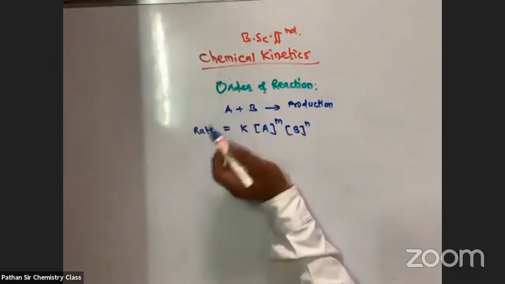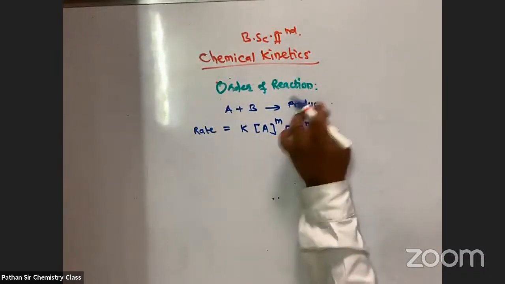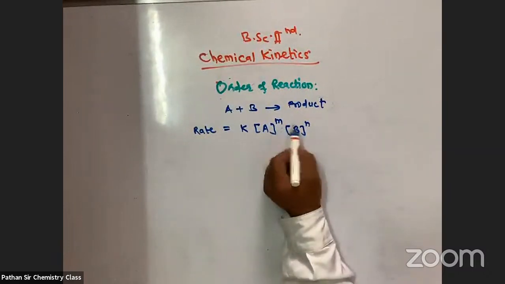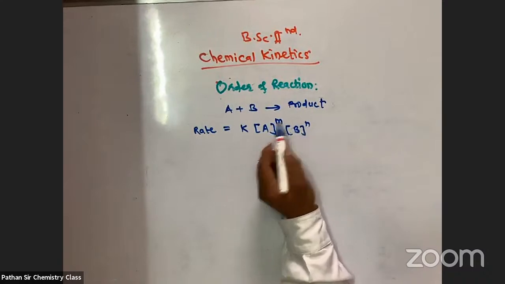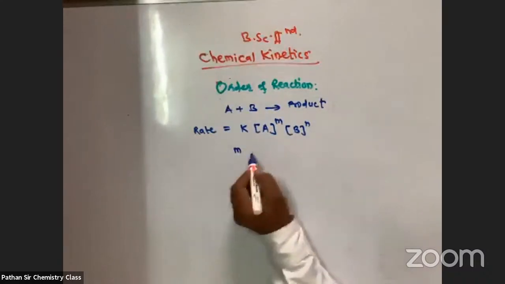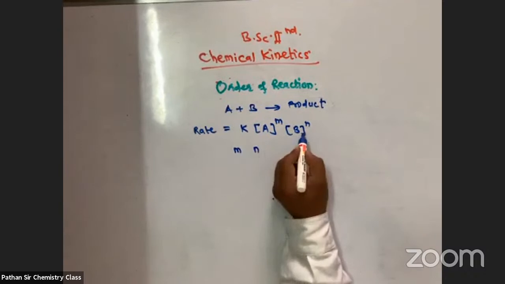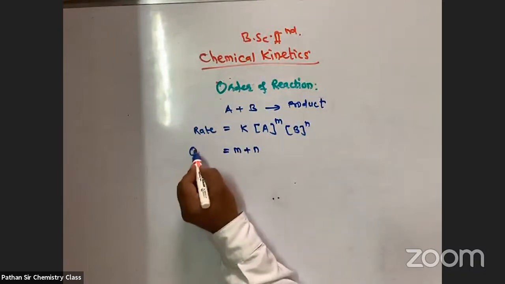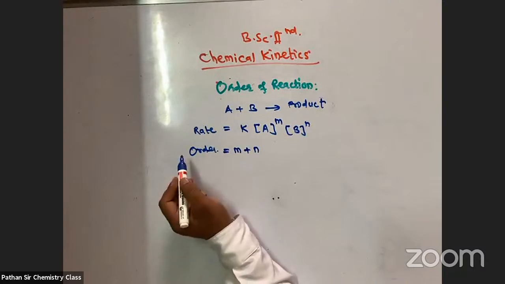Now, the power terms m and n in this rate equation, the summation of these power terms is nothing but the order of reaction.